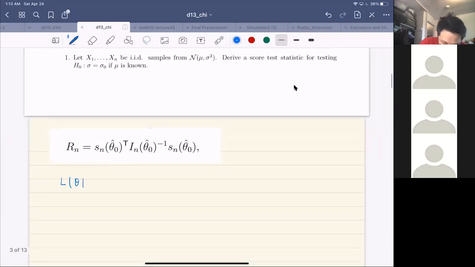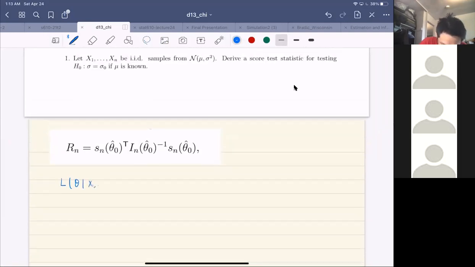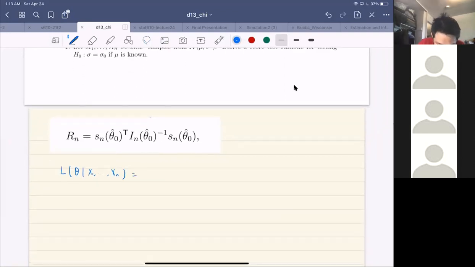We have data, and this is equal to the product from i to n of this, and sigma squared.